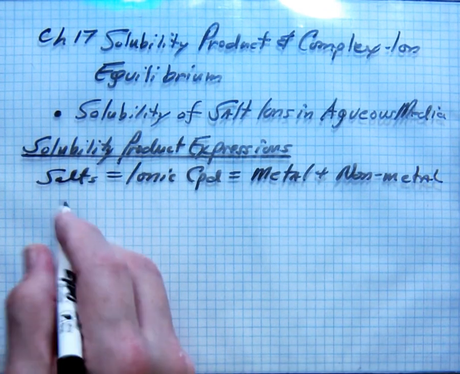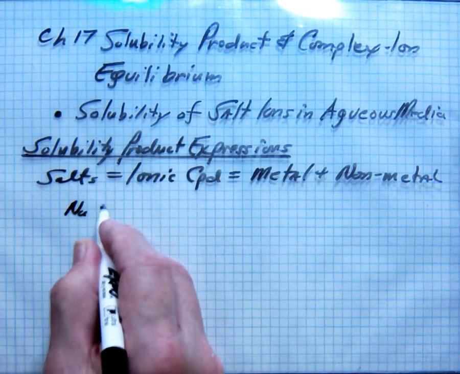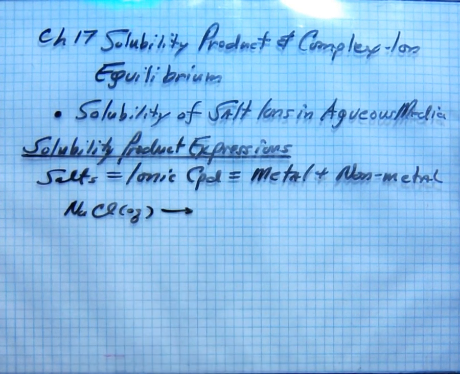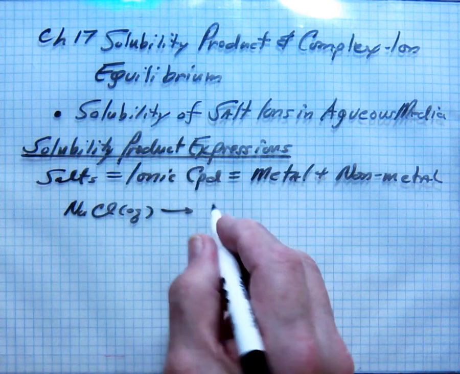So if we look at sodium chloride, aqueous medium, you can expect it to ionize at the metal, and anything behind the first metal is the anion of that compound. It can be a single element or it can be a polyion.